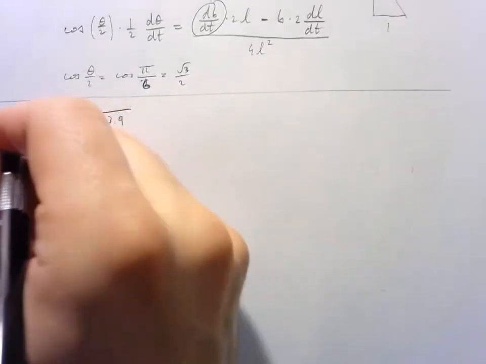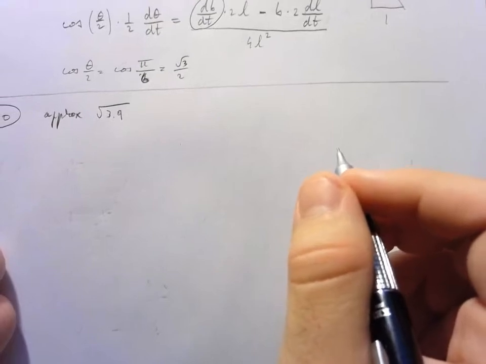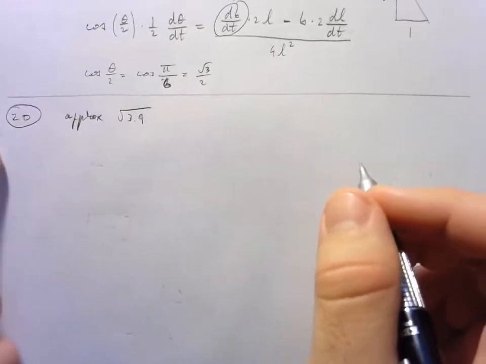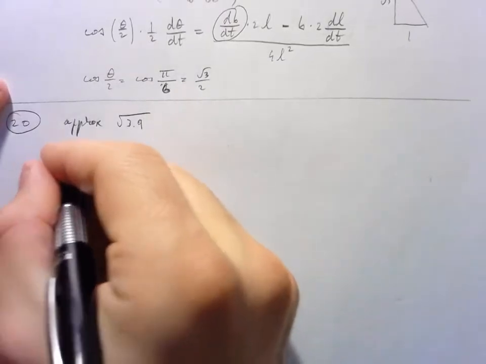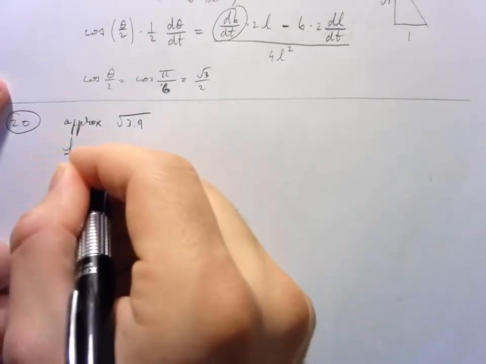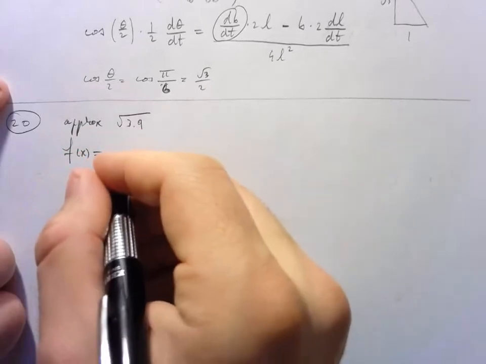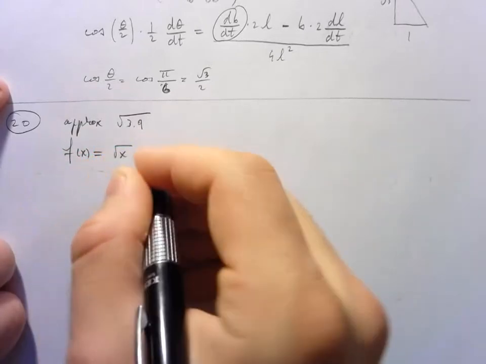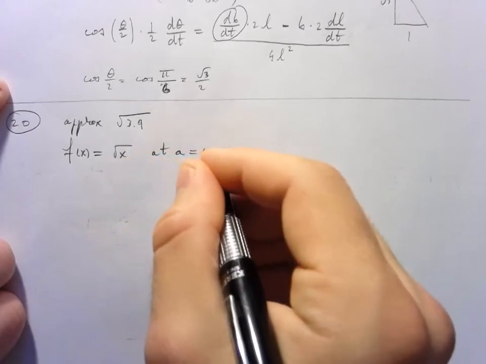Well, let's do this one first, and then we'll have to do the cosine of pi over 5. Okay, so I can approximate this by using the function f of x equals, let's use square root of x, and I want to find the linearization at a equals 4.